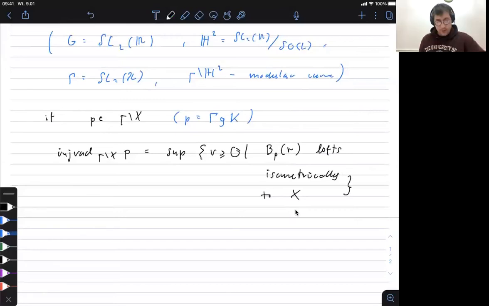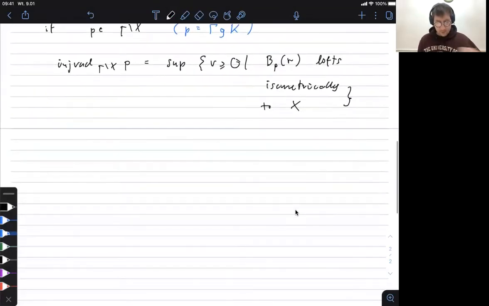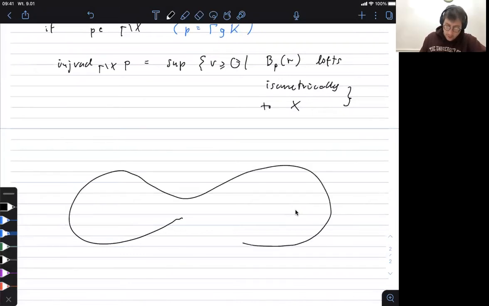It's always good to draw a picture. The only locally symmetric space we can reasonably draw is the hyperbolic surface, so that's what I'm drawing.